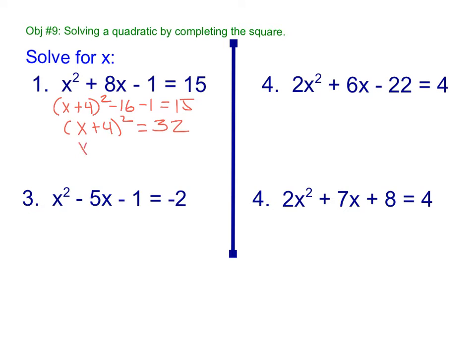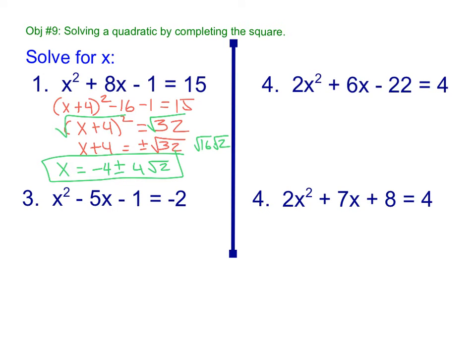Take the square root of both sides. Remember, when you take the square root of an x, you need plus or minus. Right, I took the square root right there. x equals negative 4 plus or minus. Now, 32 is 16 times 2, so we can simplify that to 4 root 2. And that's your answer.